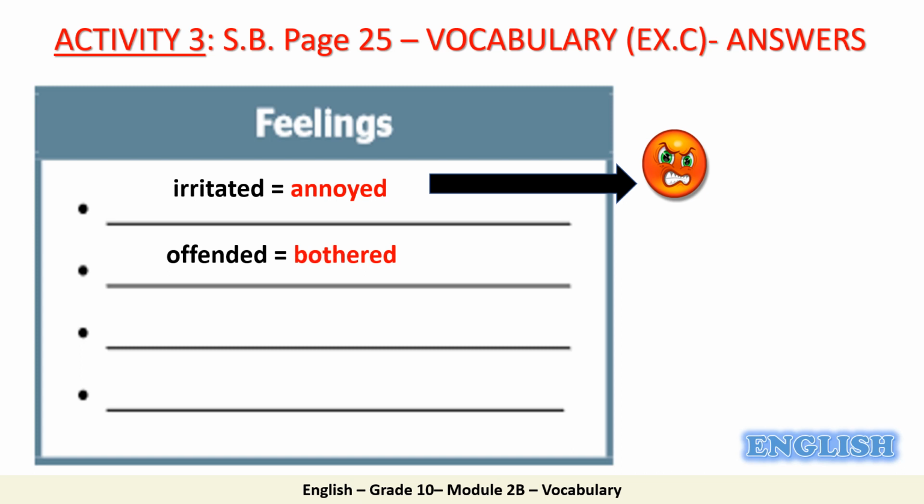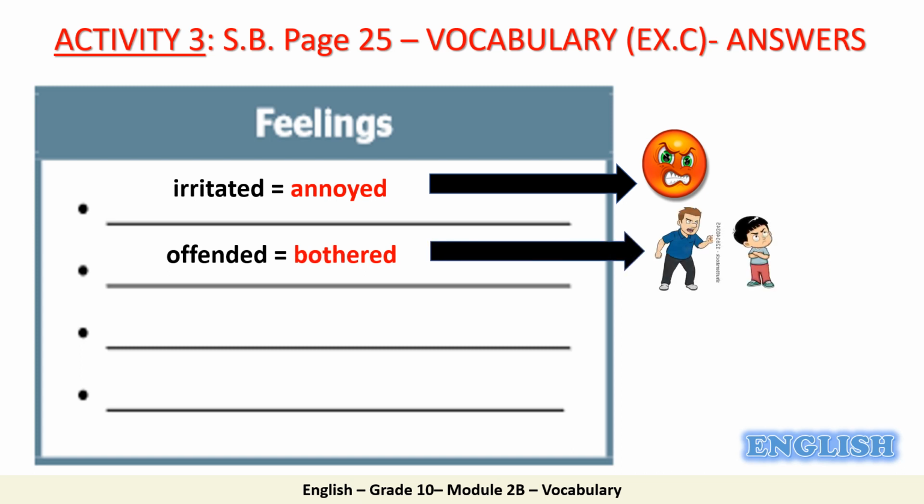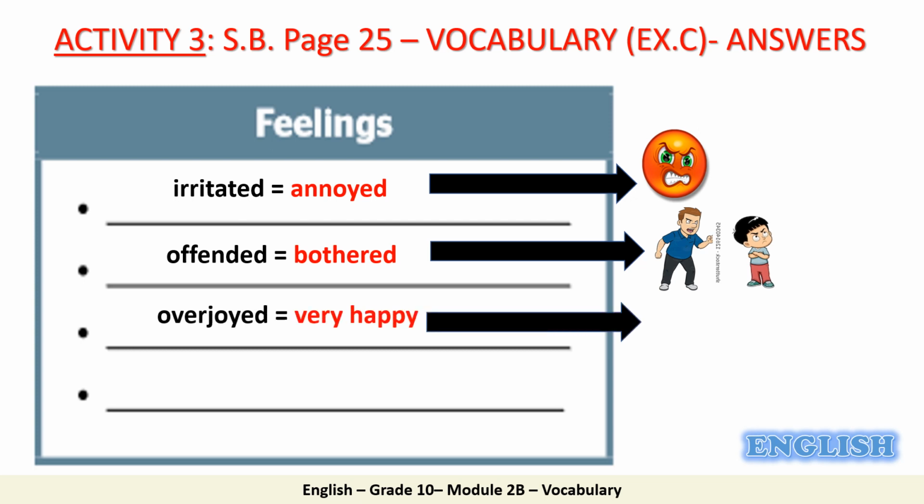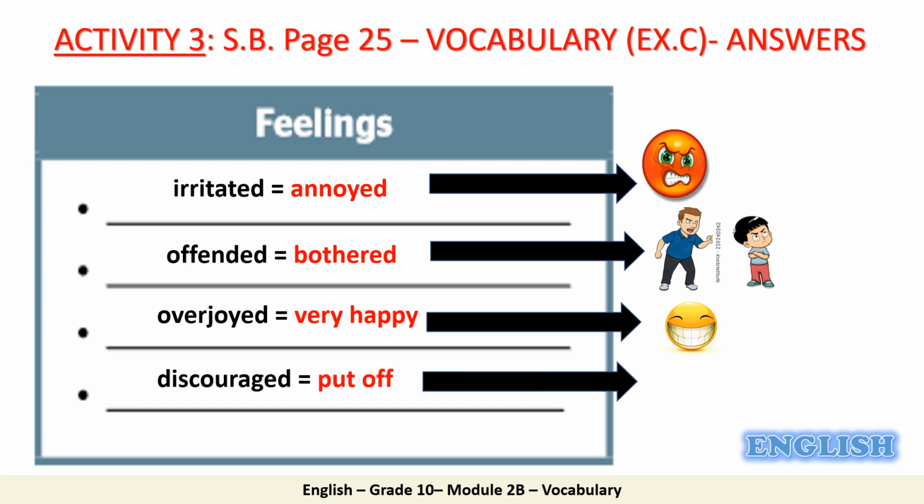Number 2, offended, meaning bothered. Number 3, overjoyed, which means very happy. Number 4, discouraged, which means put off. Remember, when you write your own stories, to describe your characters' feelings in details because it allows readers to be part of your story.